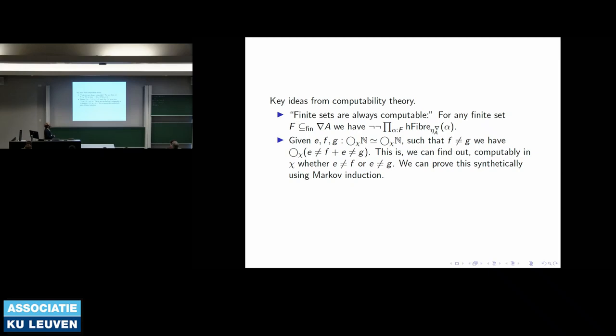So from computability theory, we're using that finite sets are always computable. So if you have a finite set of things in nabla, then we can show that everything in the finite set is defined, with a double negation outside it. So this is saying that each finite set is computable, but it's not uniformly computable. So computable is saying that we have for all alpha this thing.